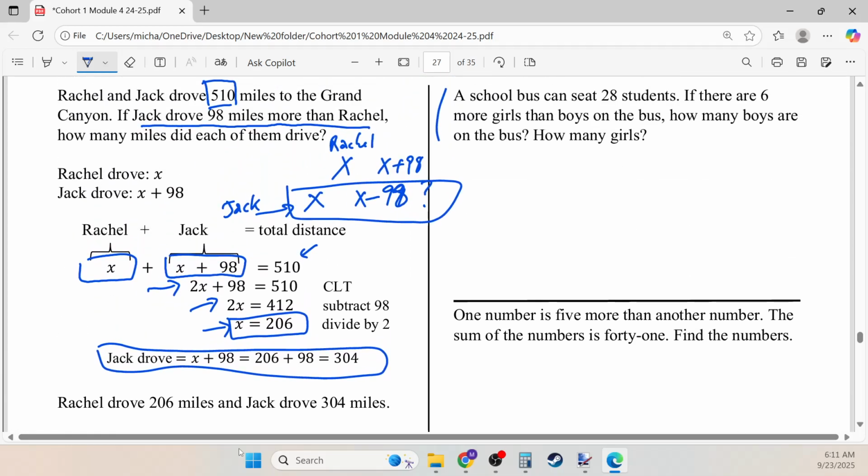So, a school bus can seat 28 students. If there are 6 more girls than boys on the bus, how many boys are on the bus? Okay. So, the bus can seat 28 students. We know that the total number of seats is 28.